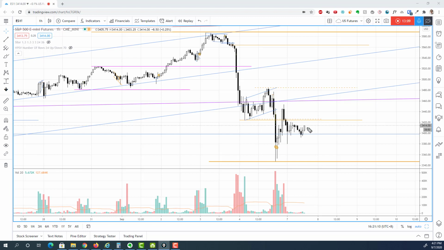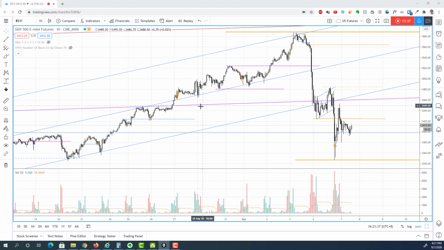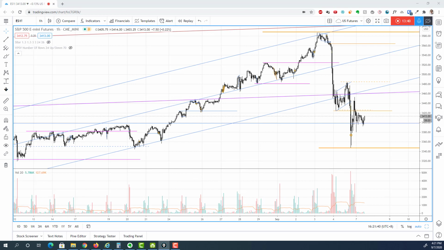I think it's very critical to judge the character of the rally. It could go down a bit and then form a rally up to test all these selling bars, the supply zone. We need to judge the quality of the rally and how it will tackle this supply zone. The best case, the most bullish case, would be a test of the buying climax high.